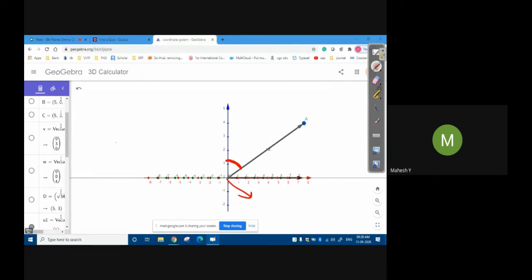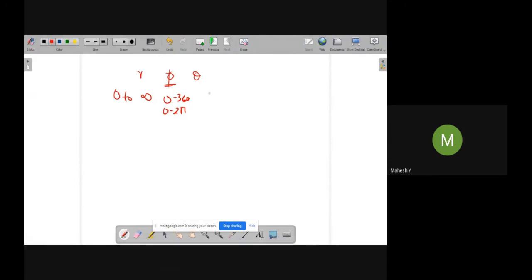Here it starts from here, so up to what value can it go? Is the answer 0 to 360 correct? Or is it any other thing?